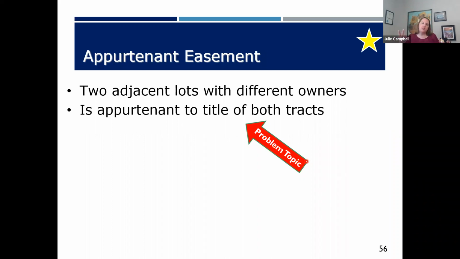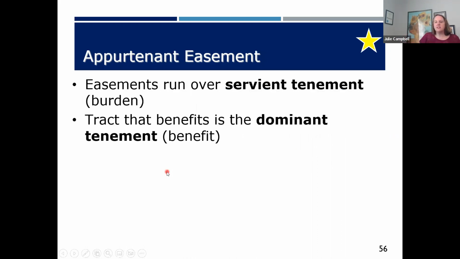The two easement holders are known as the servient tenement and the dominant tenement. The tract of land that's being used is known as the servient. The tract of land doing the using is known as the dominant.